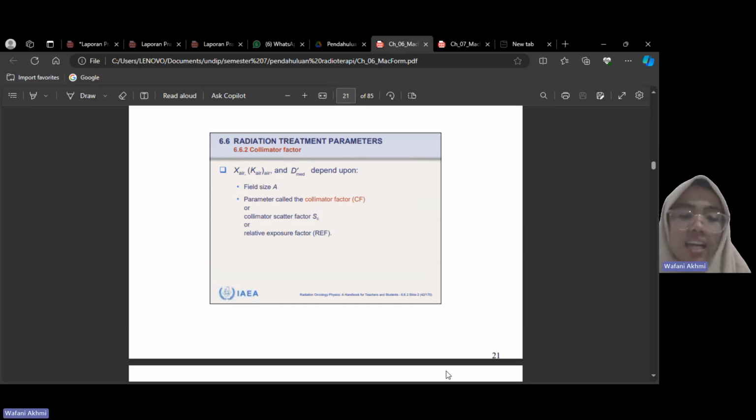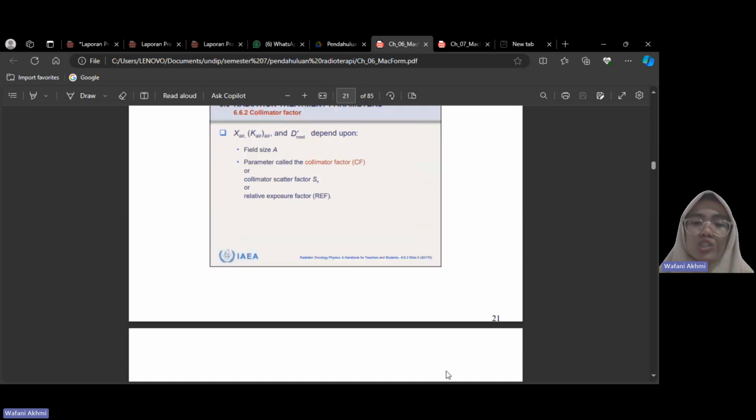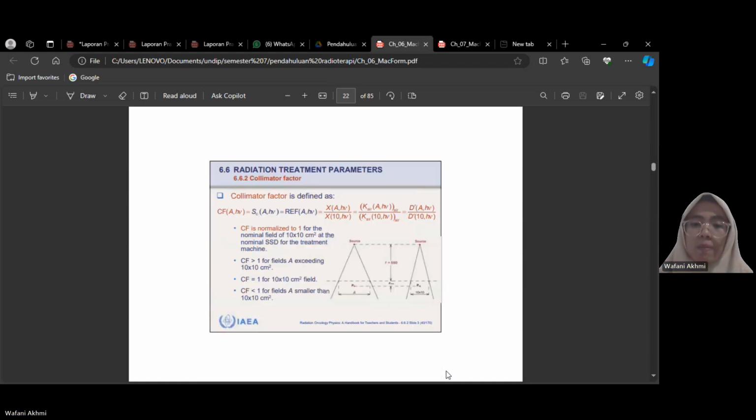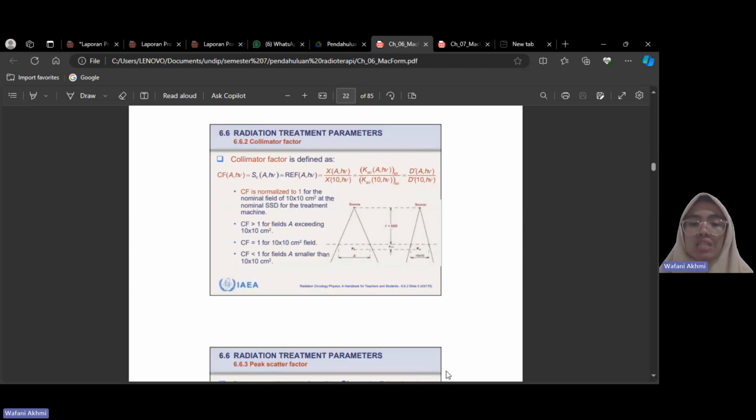X air, K air, and D made depend upon field size A, through a parameter called the collimator factor or collimator scatter factor, also known as the relative exposure factor.